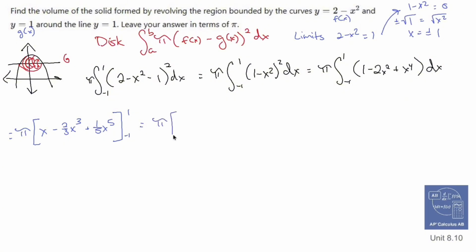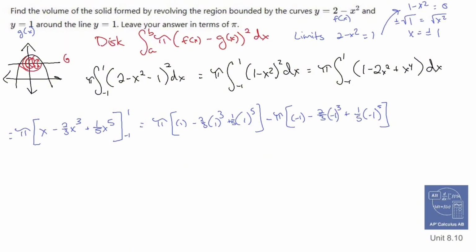Pi times (1 minus 2/3 times 1 cubed plus 1/5 times 1 to the fifth) minus pi times (negative 1 minus 2/3 times negative 1 cubed plus 1/5 times negative 1 to the fifth).